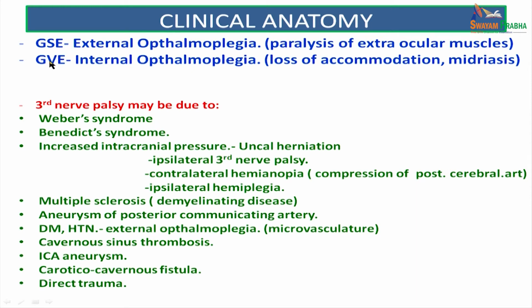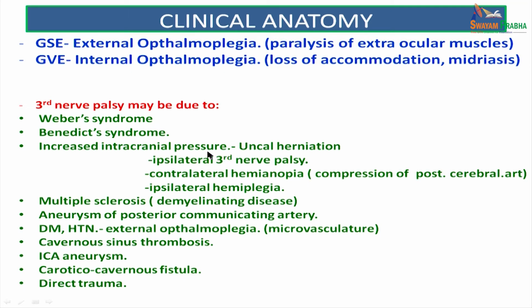When the general visceral efferent component is damaged, it leads to internal ophthalmoplegia, which is the loss of accommodation and mydriasis, that is, the dilatation of the pupil. So, these ophthalmoplegias can occur due to Weber's syndrome, Benedict syndrome, and whenever there is increased intracranial pressure.